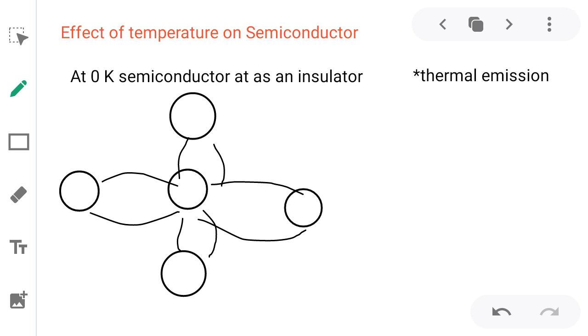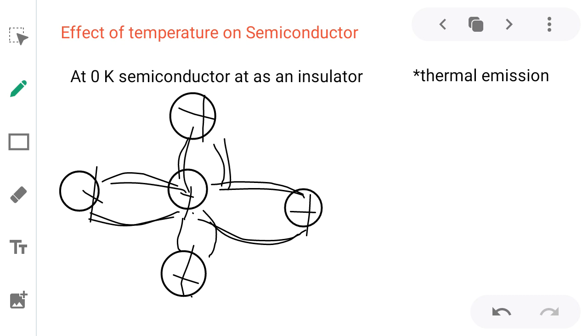Now the next point. If at 0 Kelvin a semiconductor acts as an insulator, okay, no problem. If I increase the temperature, what properties change? Atoms are arranged with one another with the help of covalent bonds.